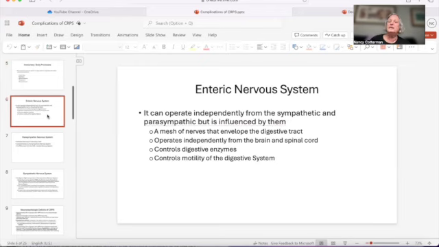Your enteric nervous system can operate independently from the sympathetic and parasympathetic nervous systems, but is influenced by them. It is a mesh of nerves that envelops the digestive tract, operates independently from the brain and spinal cord, controls the digestive enzymes, and controls the motility or movement within the digestive system.